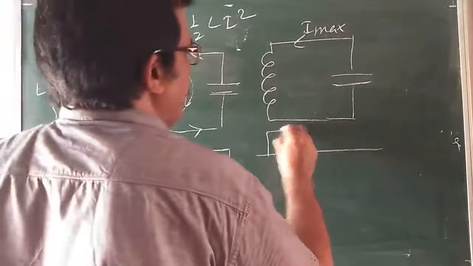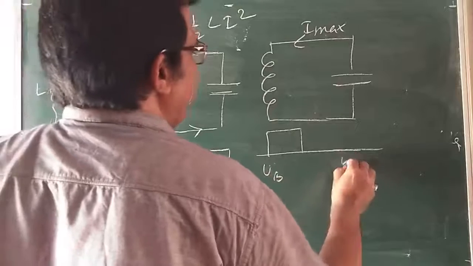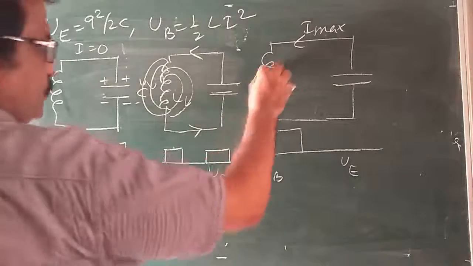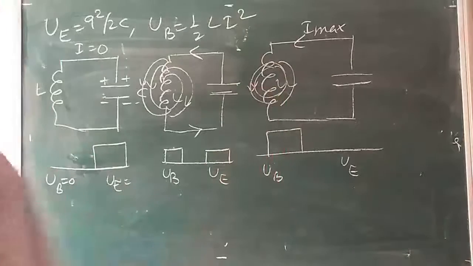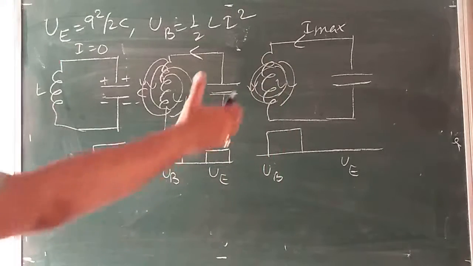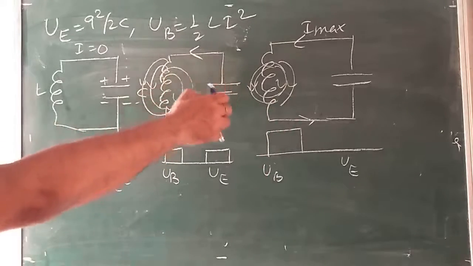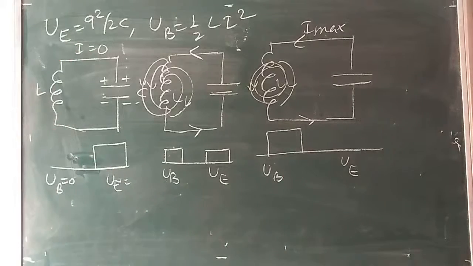So this is maximum here and this is 0. This is UB and here is UE. In the third stage, the capacitor is fully discharged and maximum current flows. This is stage number 3. Draw this diagram.